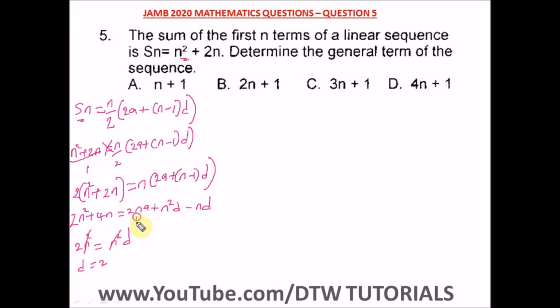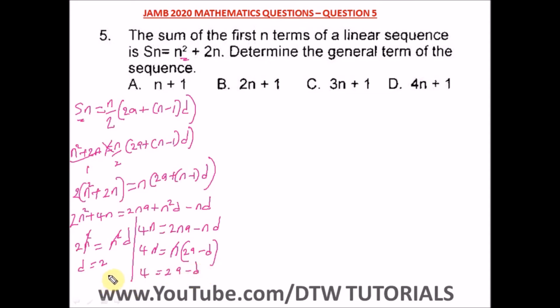So we have 4n equals 2na minus nd. Let's bring the like term out. So we have 4n equals n brackets 2a minus d bracket close. So n cancels n, we have 4 equals 2a minus d.